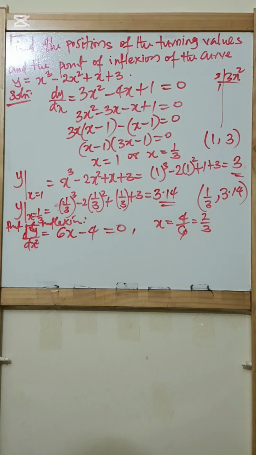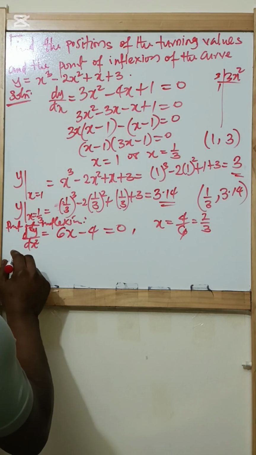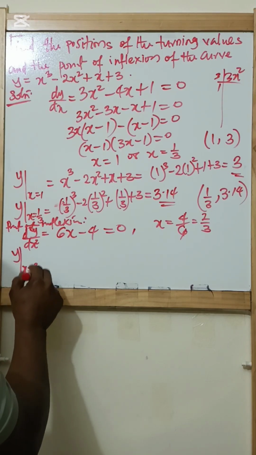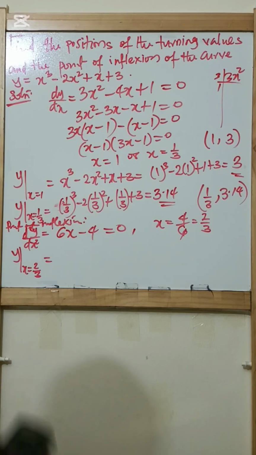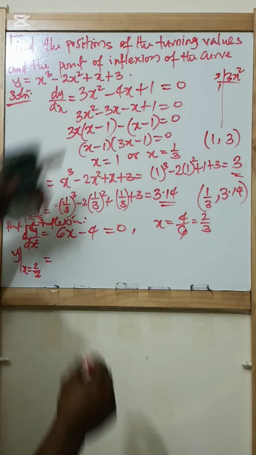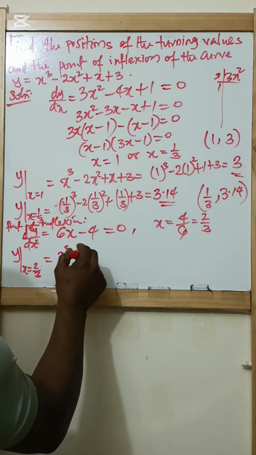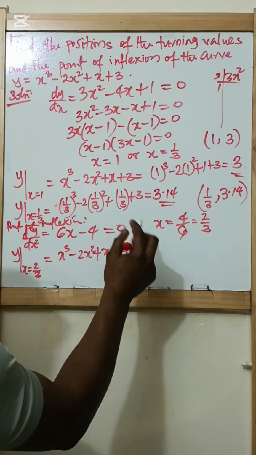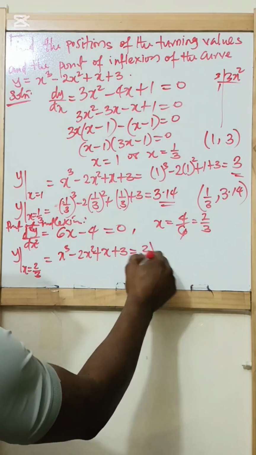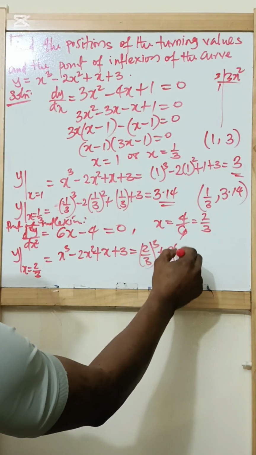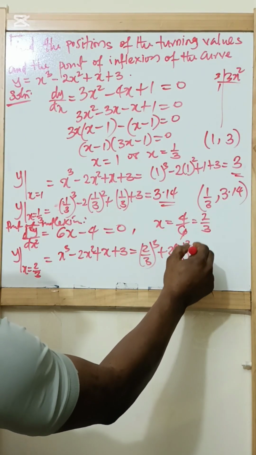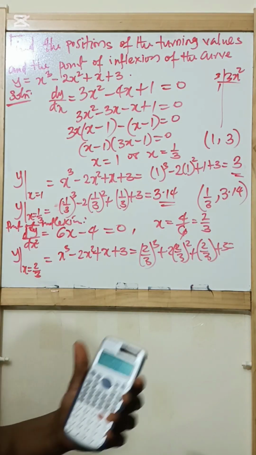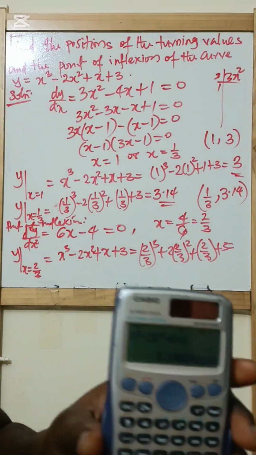We need to get the value as well. So y when x is 2 over 3: substitute into the curve, x cubed minus 2x squared plus x plus 3. So that will be 2 over 3 cubed minus 2 times 2 over 3 squared plus 2 over 3 plus 3. We have not cancelled this, so we can still use the calculator.